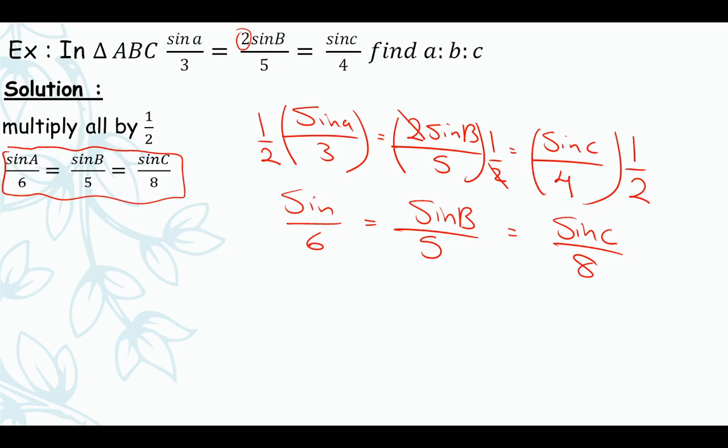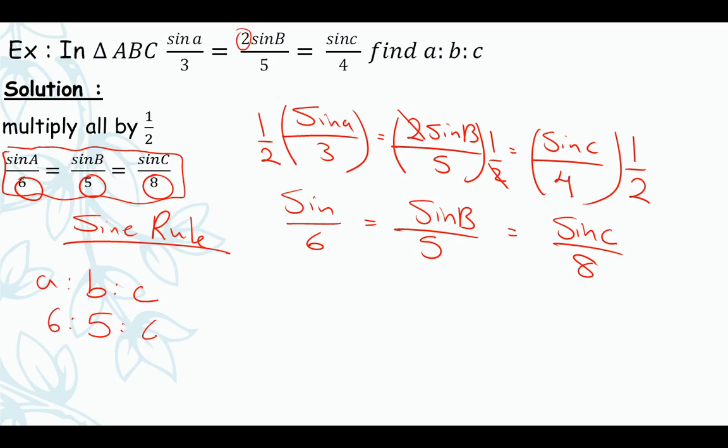Then this form is the sine rule. Then small a to small b to small c, that is a to b to c, will be 6 to 5 to 8.